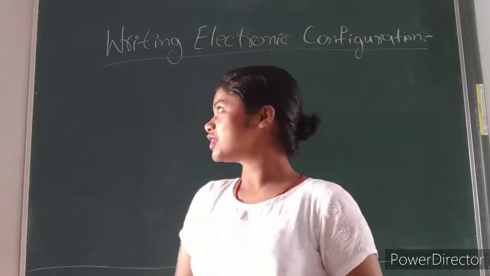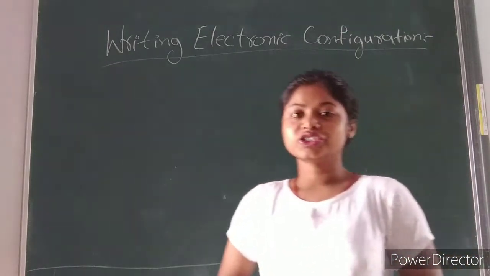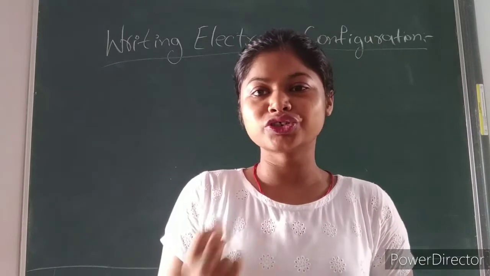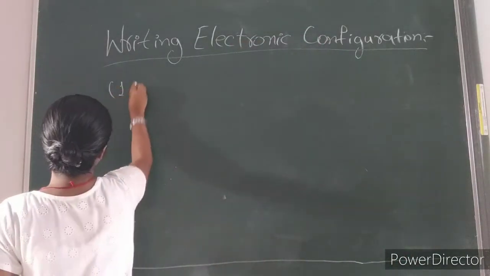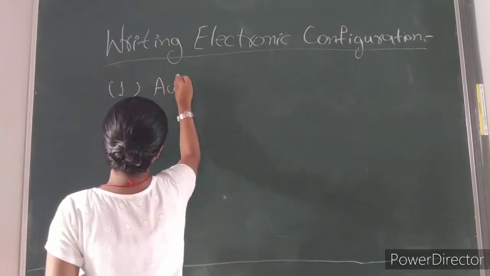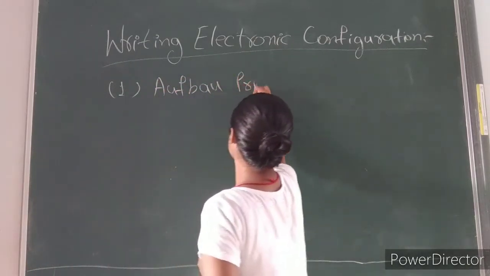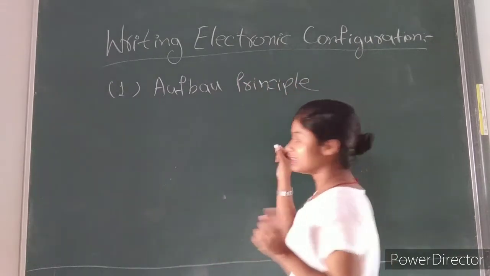Okay. So students, today we will see how to write electronic configuration. For writing electronic configuration we have a few rules to follow. The first one is the Aufbau principle.